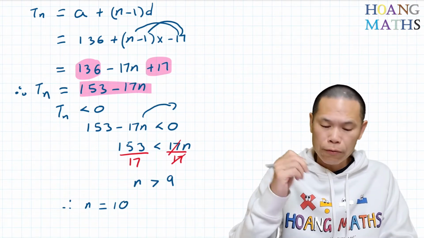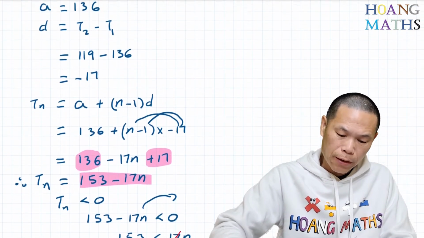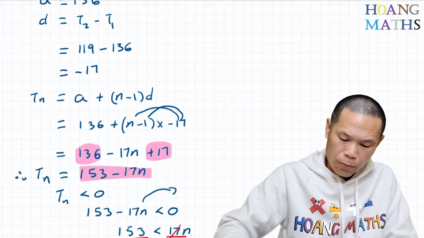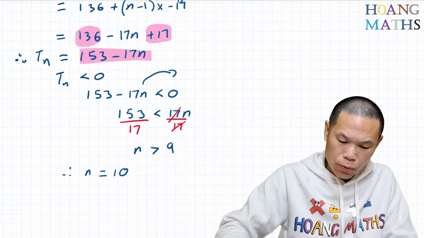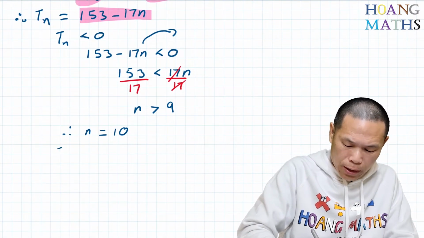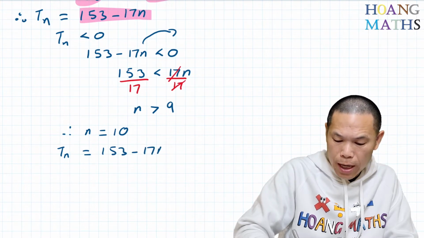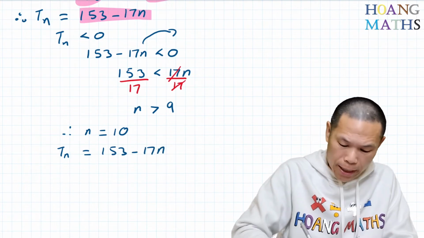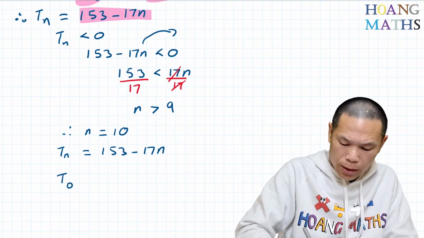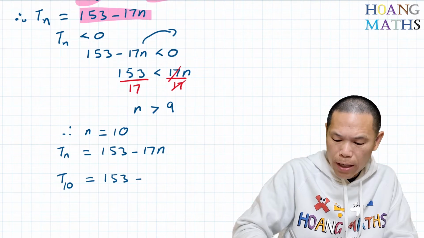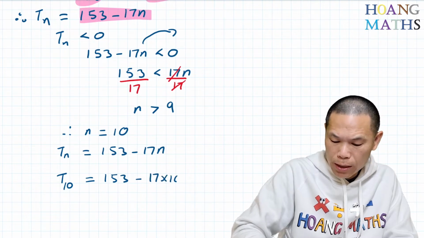Then we need to find the first negative term, so we just need to find out the term. When n equals 10, we work this out. The rule is T of n equals 153 minus 17n. Now n is 10, so T10 gives me 153 minus 17 times 10.